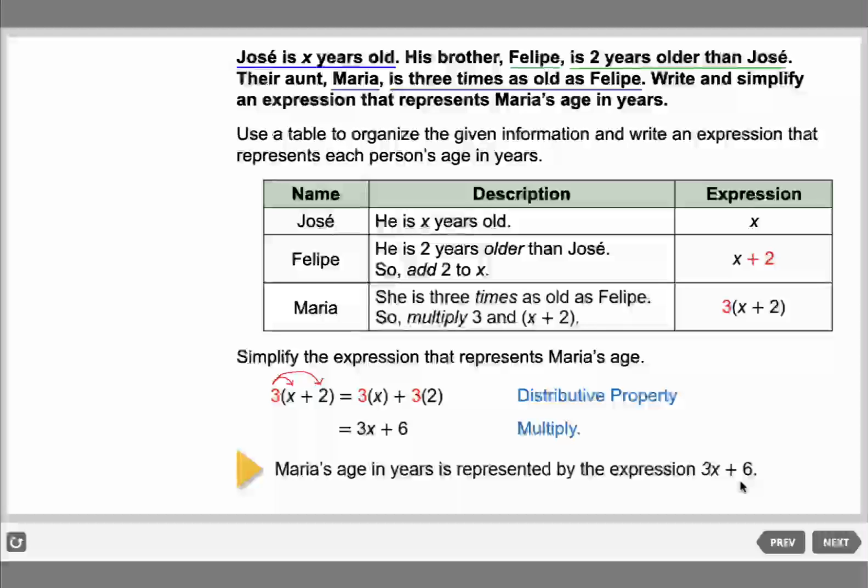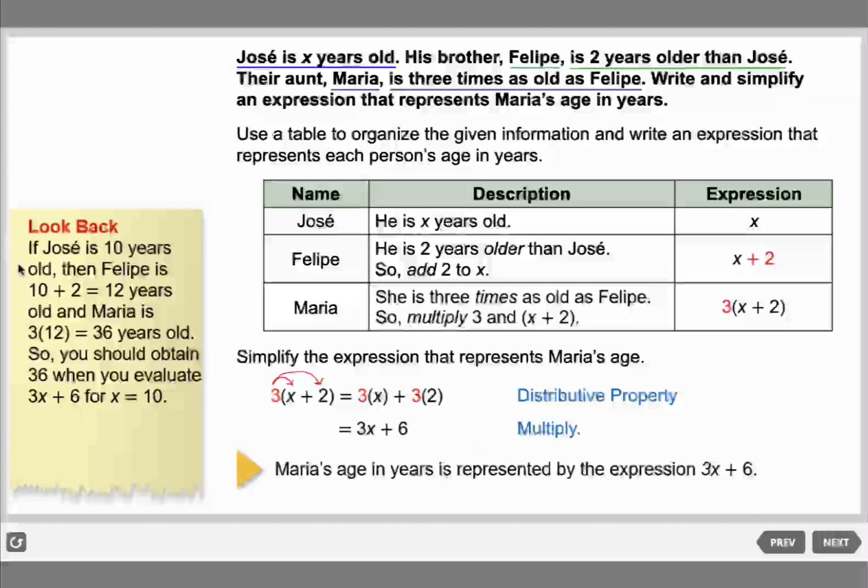To check your answer, you can use a number for Jose's age, and check if it will give you the same answer in the main question and in your expression. So here, if Jose is 10 years old, then Felipe is 10 plus 2, 2 years more, so 12 years old.